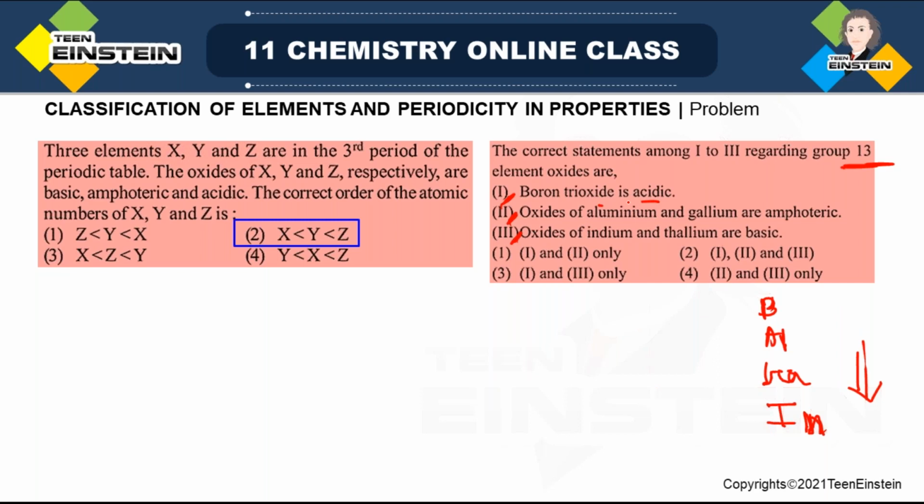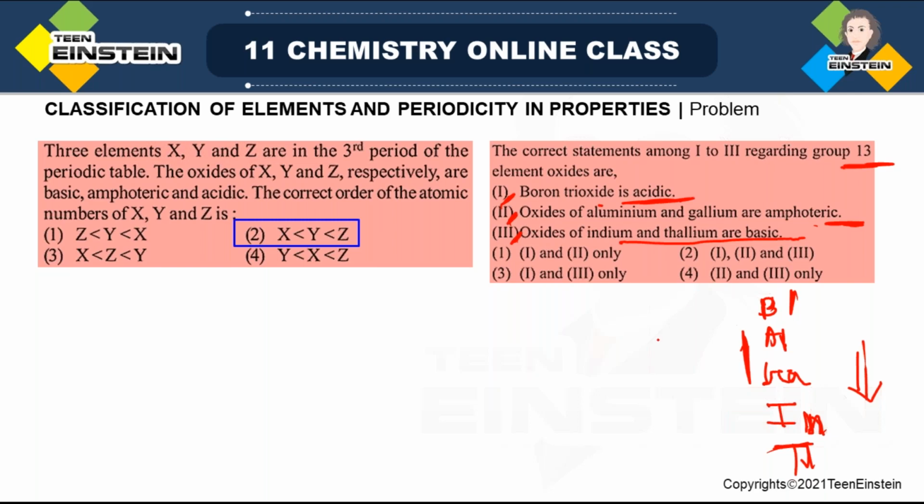The first statement: boron trioxide is acidic. Then oxides of aluminium and gallium are amphoteric, and oxides of indium and thallium are basic. It is saying the correct thing, because when moving down, metallic nature increases, and so the basic nature also increases.